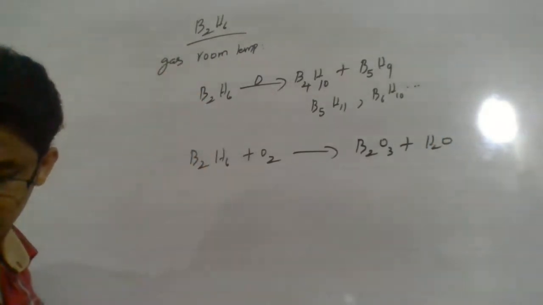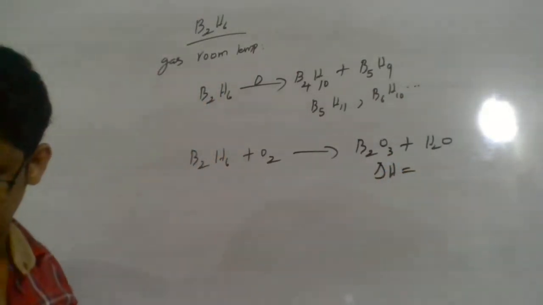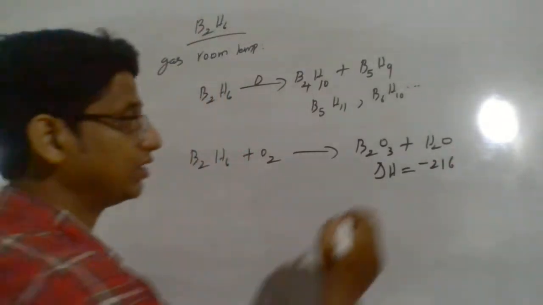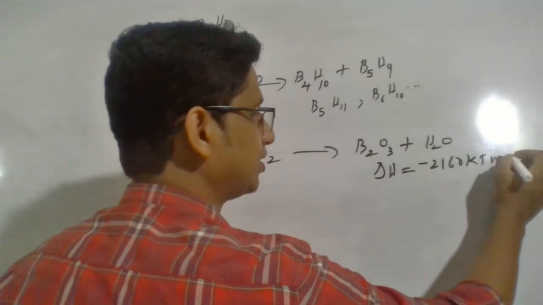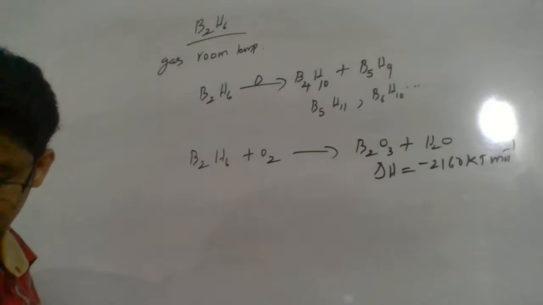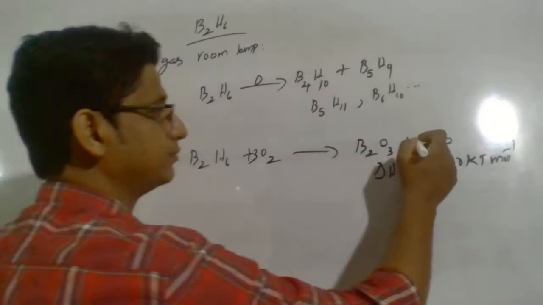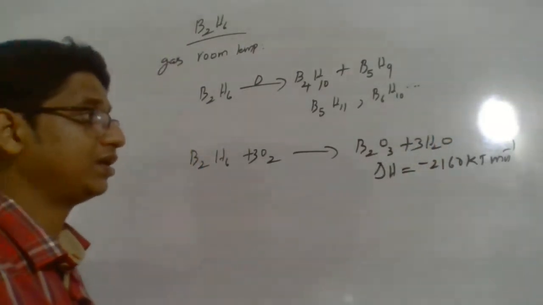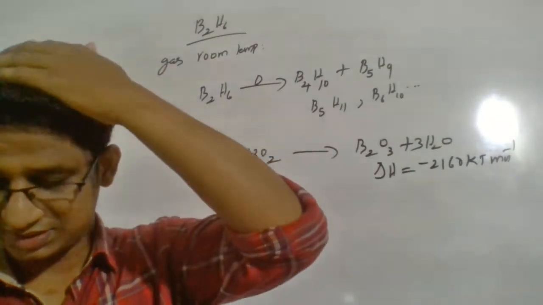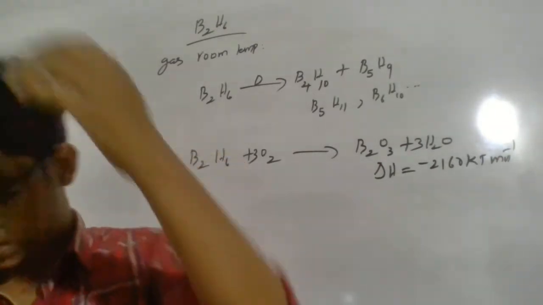If you don't remember the value, that's okay, but how exothermic is it? 2160 kilojoule per mole. This is highly exothermic, so we should be careful with diborane because it easily undergoes combustion to form boric oxide or boron anhydride. Such names are there for B2O3. So that is the action with oxygen.